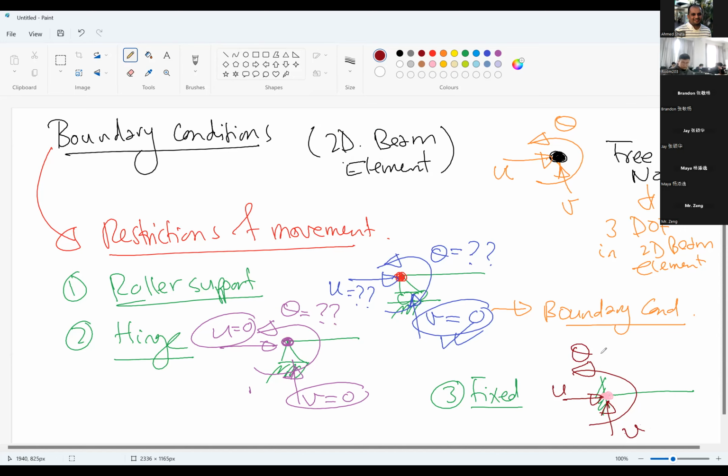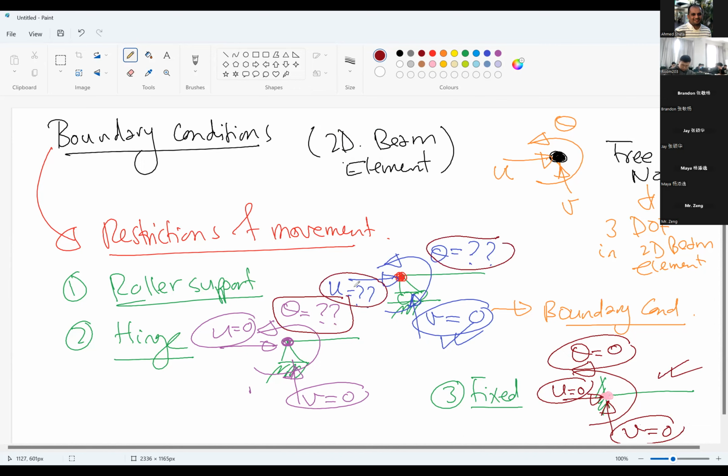The fixed support prevents the vertical movement, so v will be 0, and the horizontal displacement, so u will be 0. It also prevents rotation, so theta will be 0. So how many degrees of freedom do we have here? None. All are known here. Here we just need to know theta. Here we need to know theta and u.